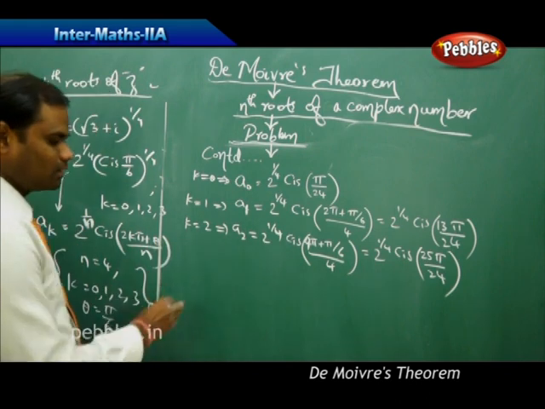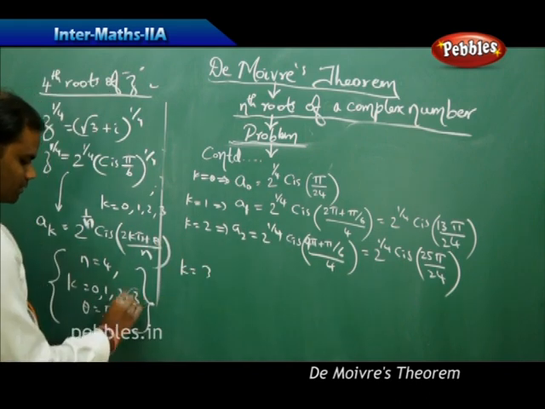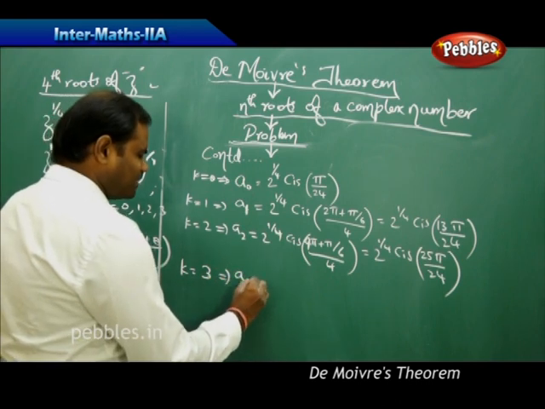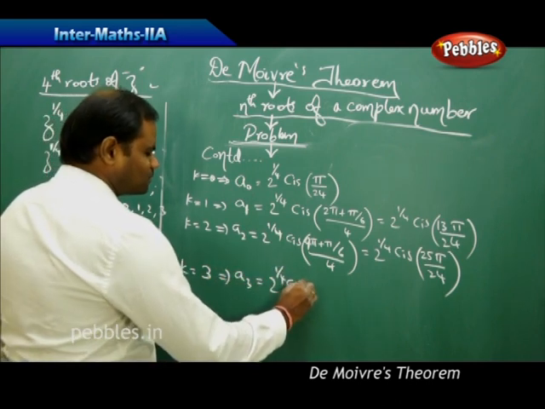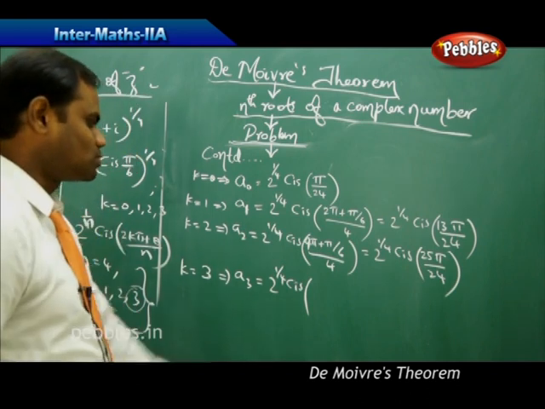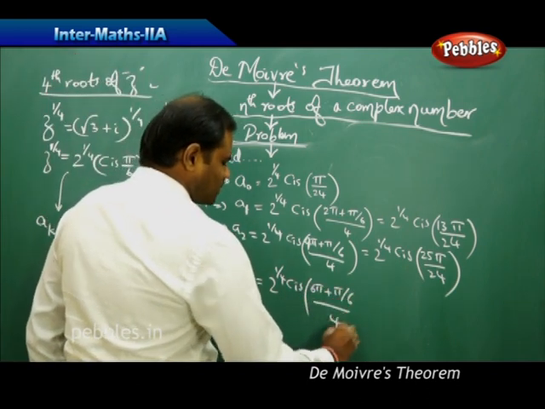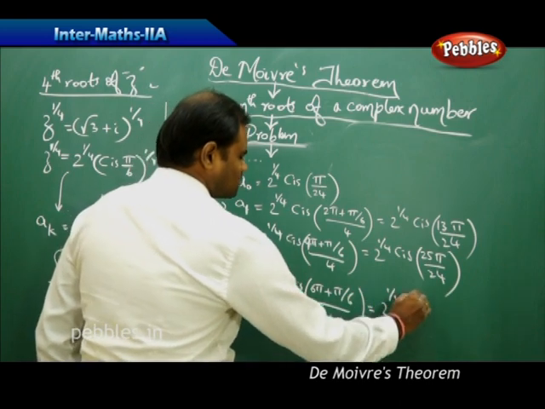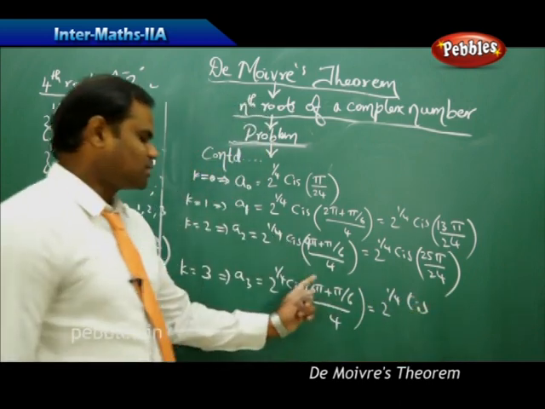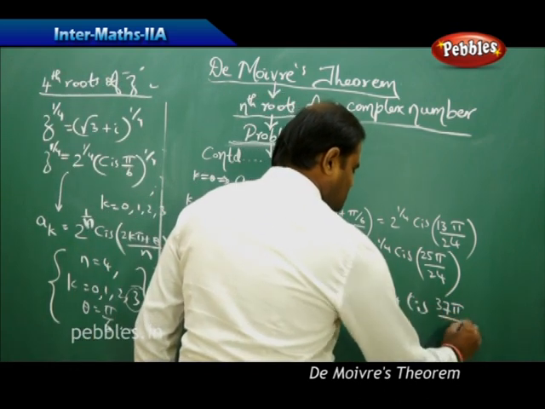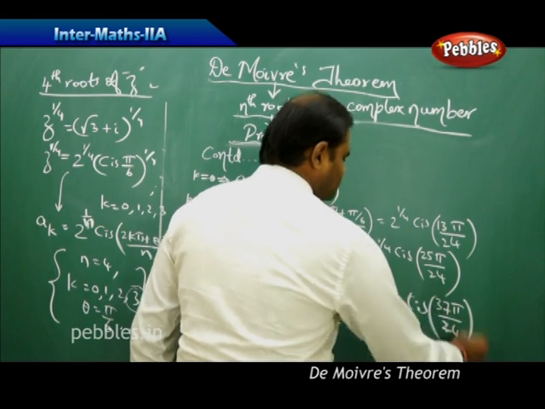And then finally k equals 3. The last value gives me a3, which is 2 power 1 by 4 cis of (3 times 2, which is 6 pi, plus pi by 6) by 4, that is 6 sixes are 36 plus 1 on LCM gives 37 pi by 24.